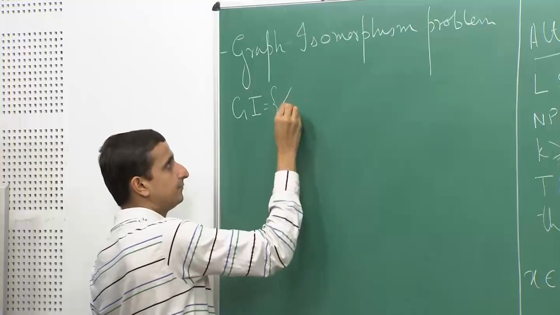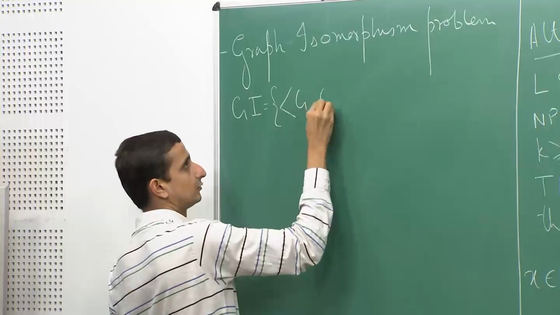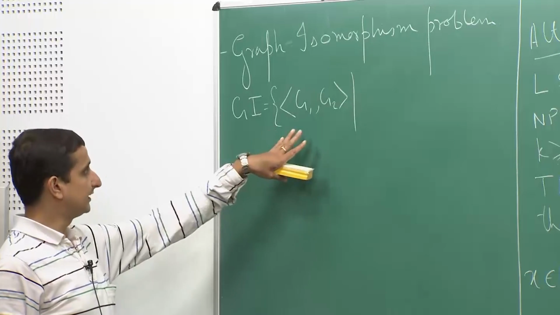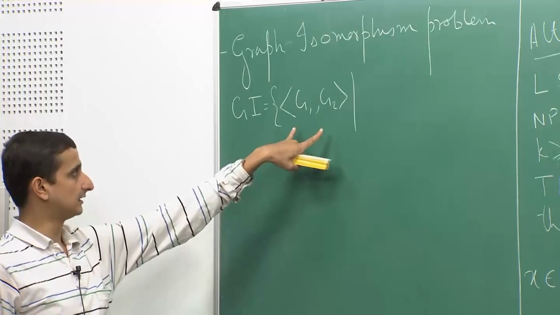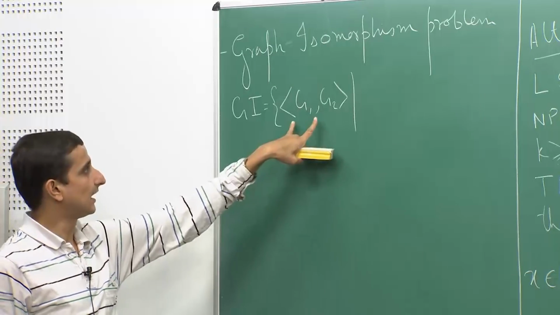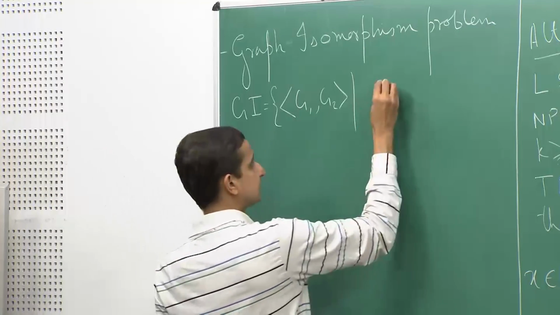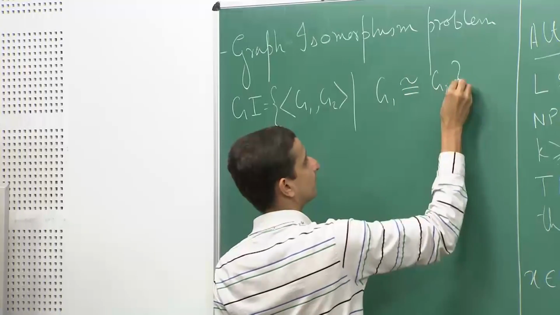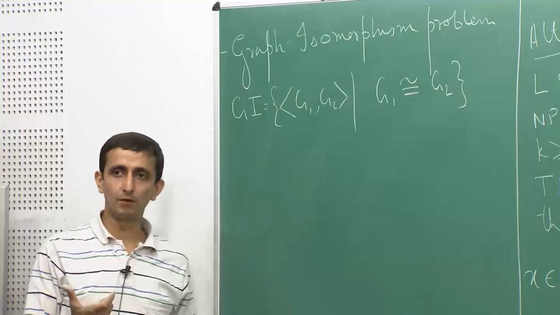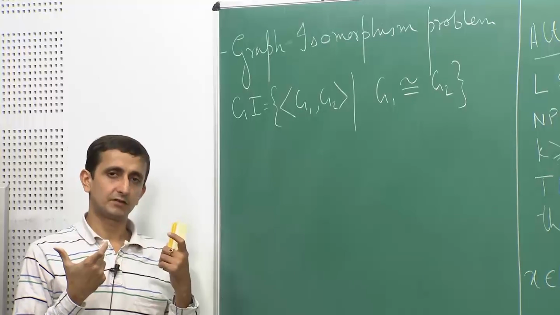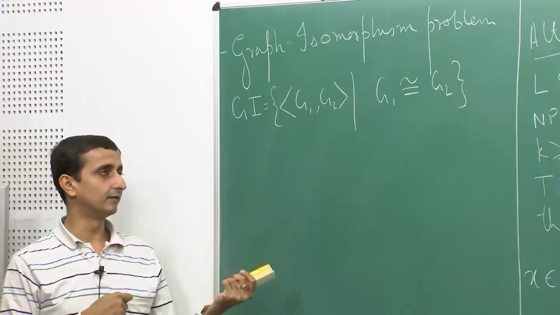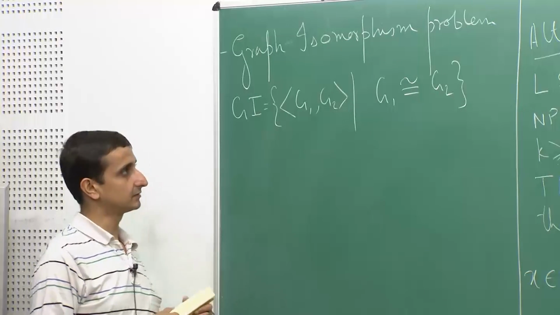It takes as input encodings of two graphs G1 and G2, and the yes instances of the language are pairs (G1, G2) such that G1 is isomorphic to G2. So, all pairs of graphs such that the first graph is isomorphic to the second graph. These are the instances.